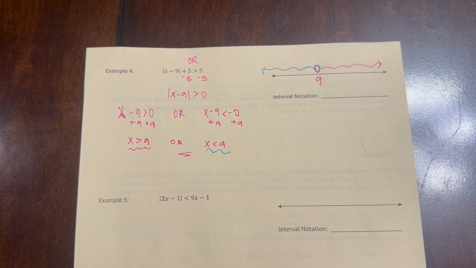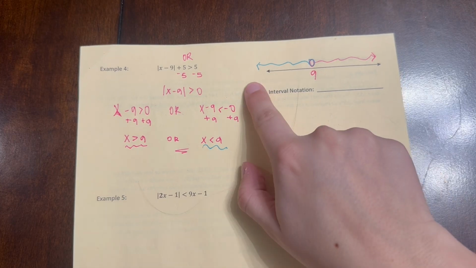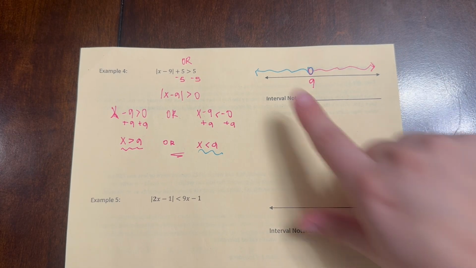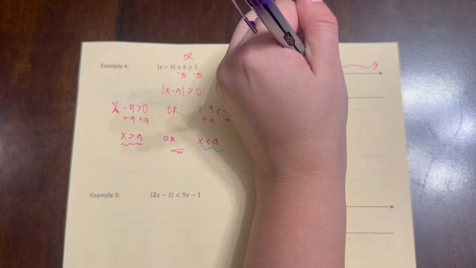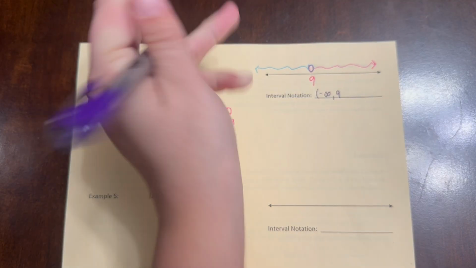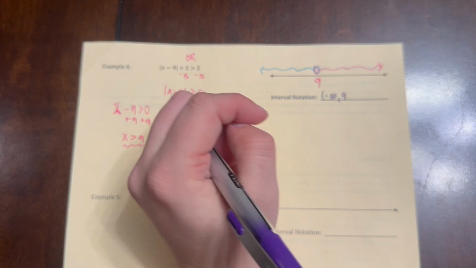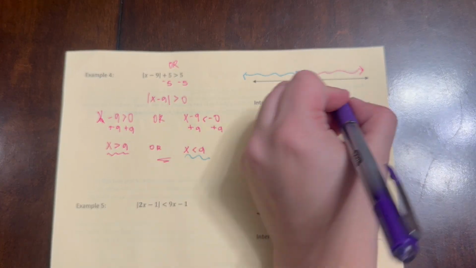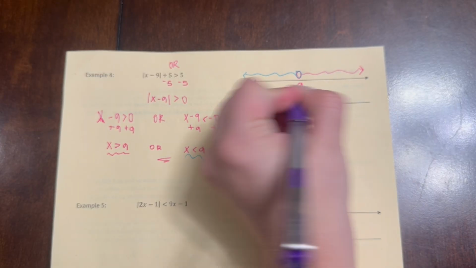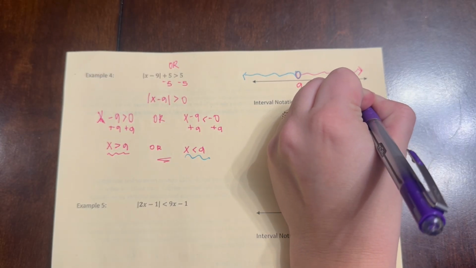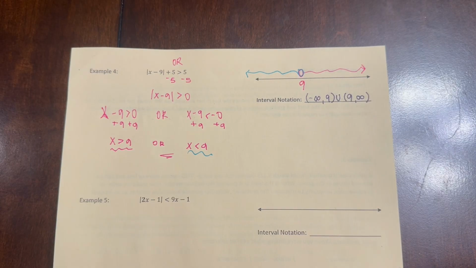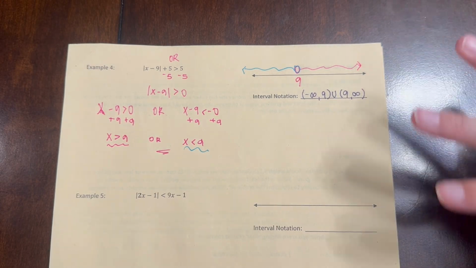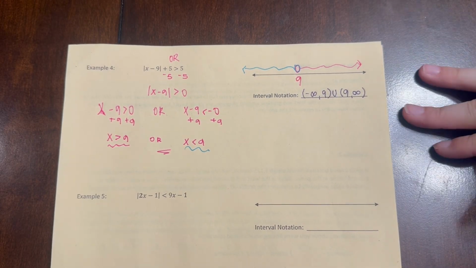So if I want to write this in interval notation, it's going to look a little weird because we go from negative infinity all the way till 9, but then we stop. So we're going to put a parenthesis at 9, put a union symbol, and we pick back up at 9. So this is a very fancy way of saying everything but 9 works.